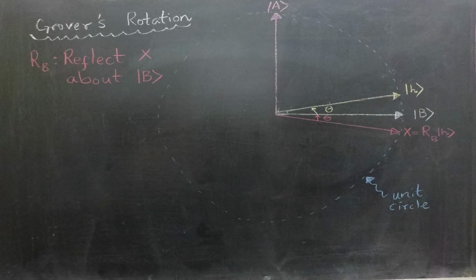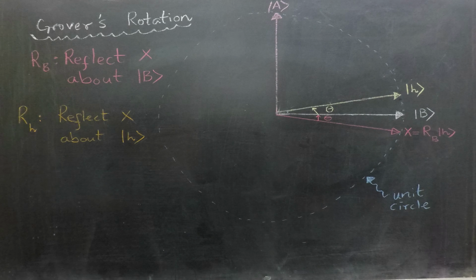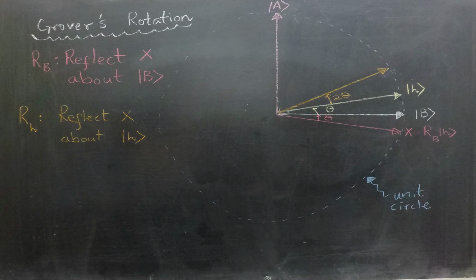The second step of Grover rotation is that we do a reflection about ket H. Let's call it R sub H. This time our mirror is placed on ket H. The result of this reflection is the orange vector, which is now stored in register X.